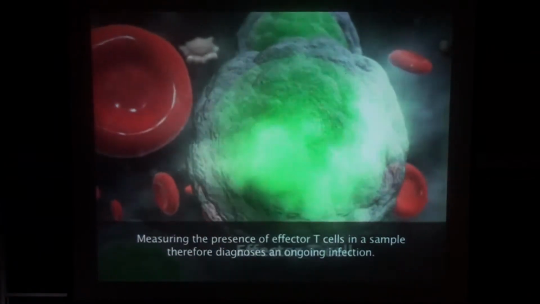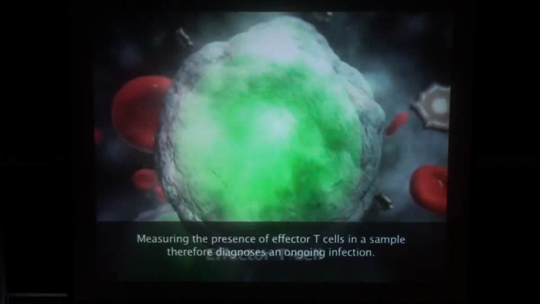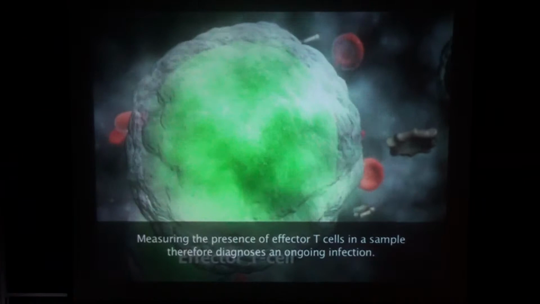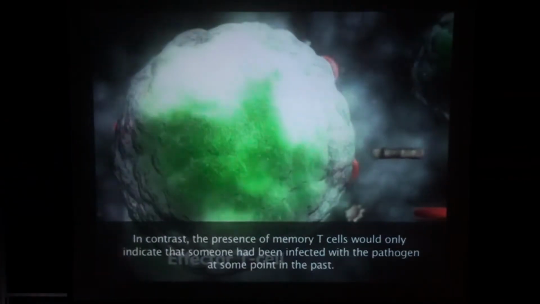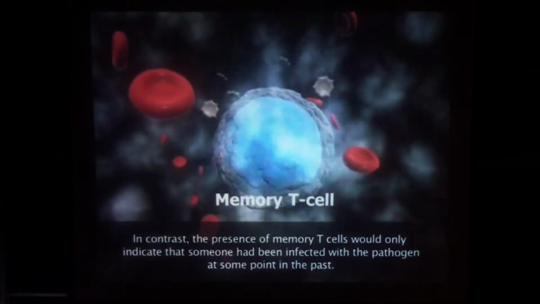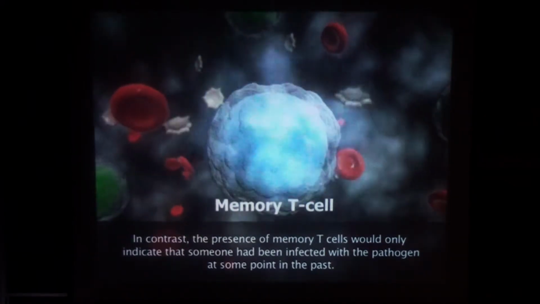Measuring the presence of effector T cells in the sample therefore diagnoses an ongoing infection. In contrast, the presence of memory T cells would only indicate that someone had been infected with a pathogen at some point in the past.